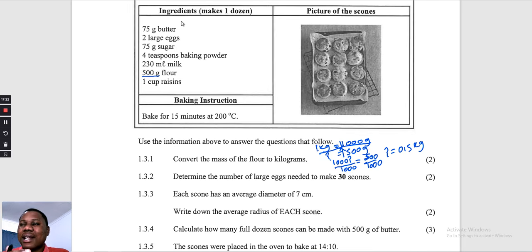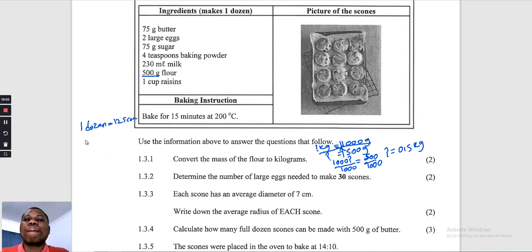If you can break those 30 scones into dozens, remember, 1 dozen has 12 scones.